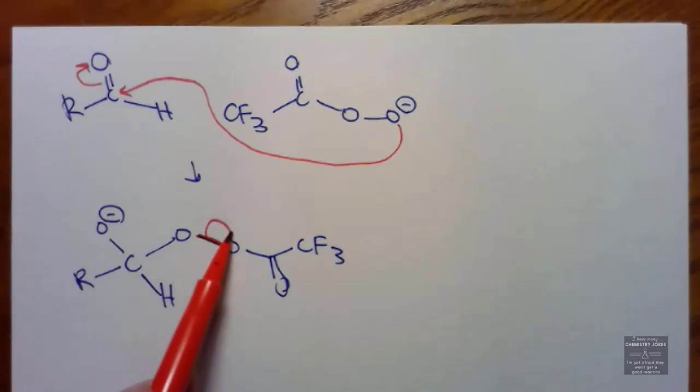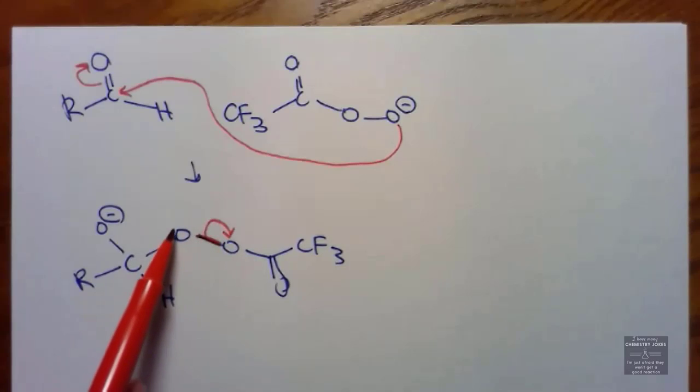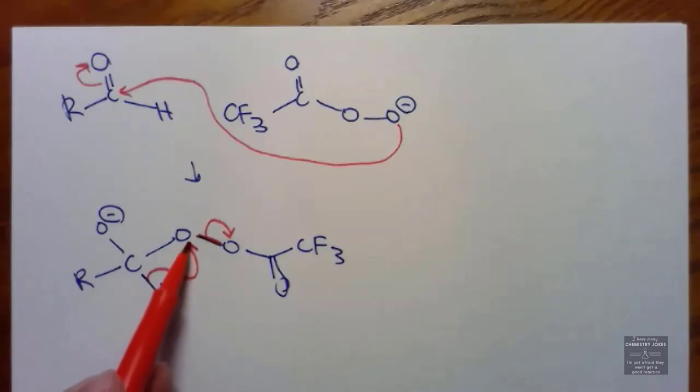So let's break that OO bond. If we just broke it like that, that would leave this oxygen without an octet. That's not good. So this hydrogen can give his electrons to the oxygen.